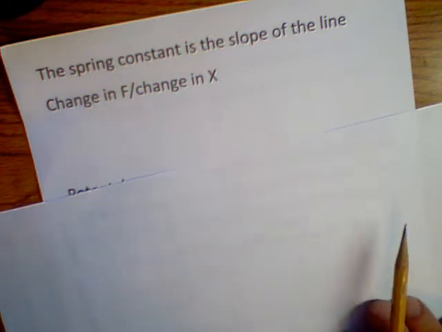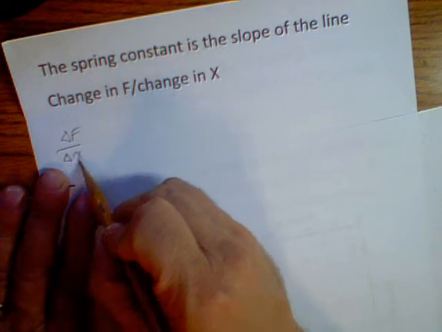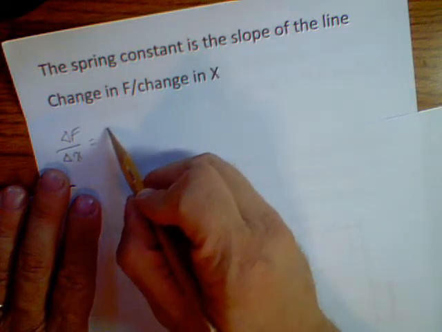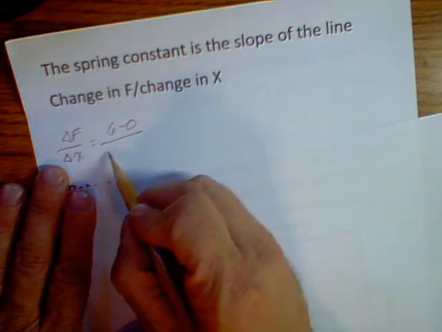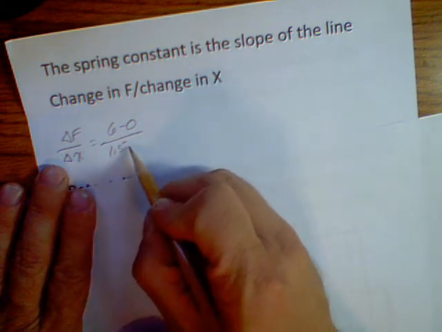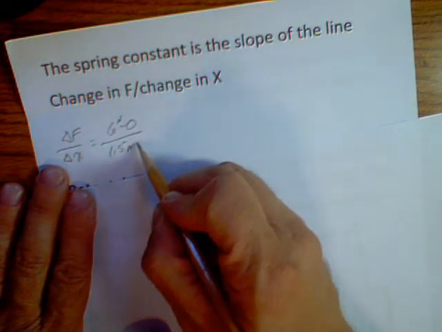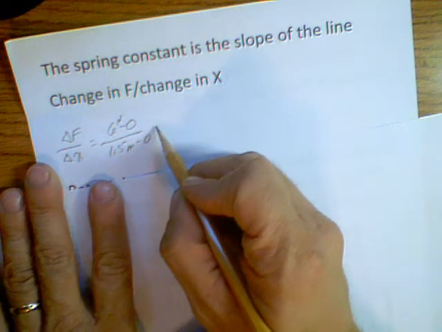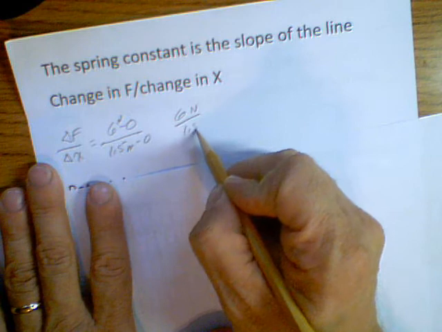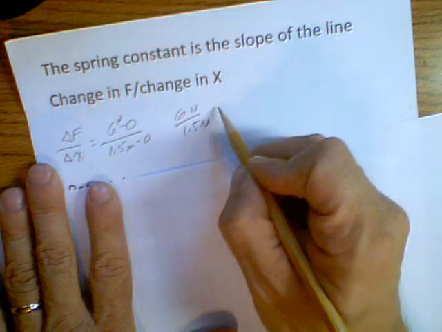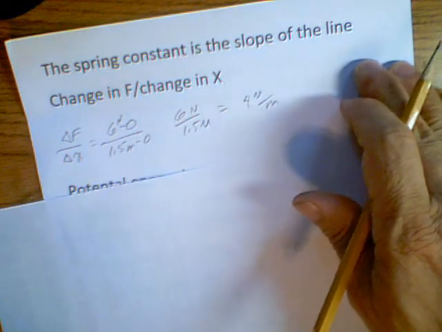If we start at 0, that's the convenient thing, over 1.5, and these are meters and these are newtons, by the way, minus 0. That makes it convenient because then we're just doing 6 newtons over 1.5 meters, and that's 4 newton meters is the spring constant.